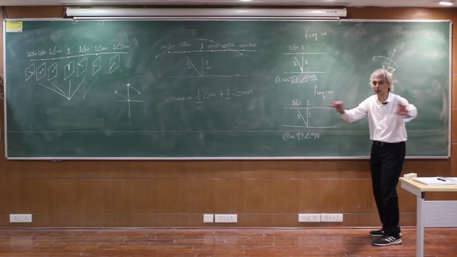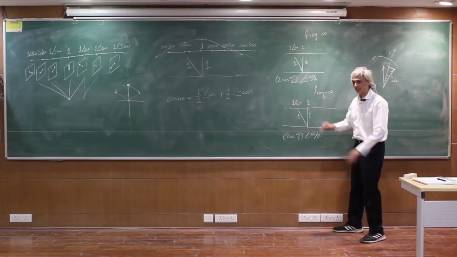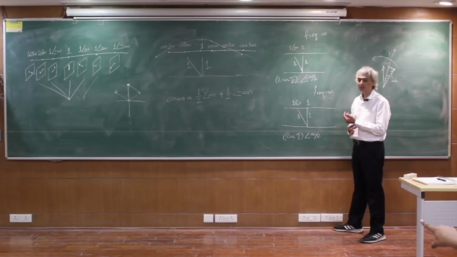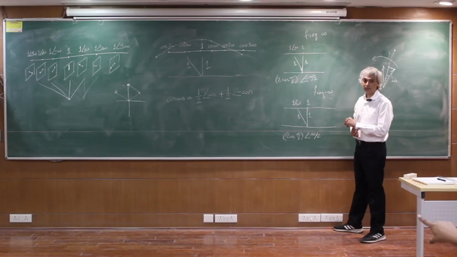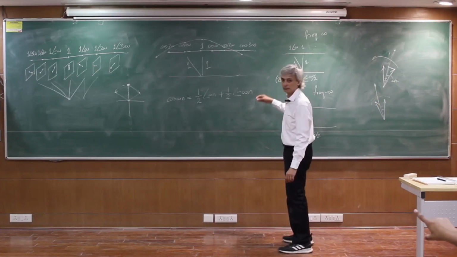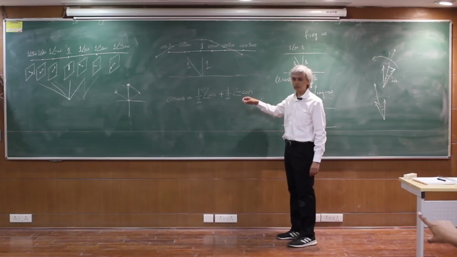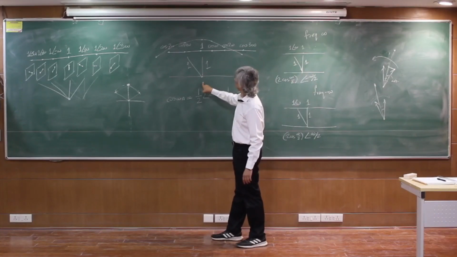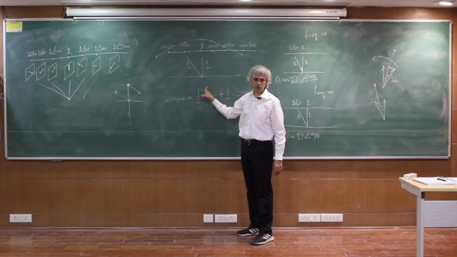So forget hyperbolic cos. The output of that was cos, no? What was the output of that? This is that 1 plus cos minus omega.